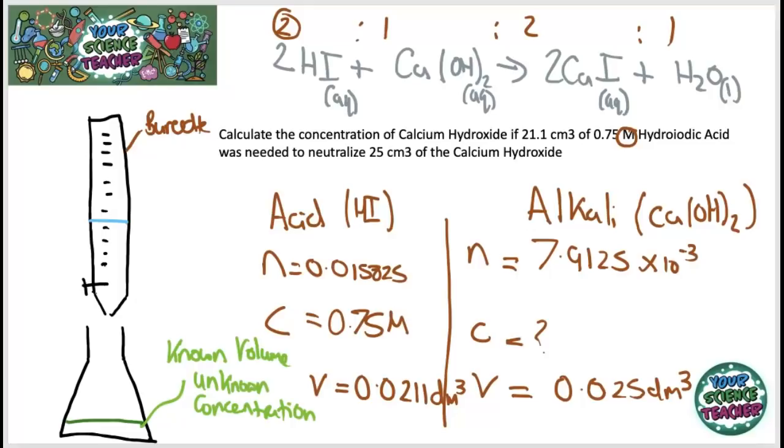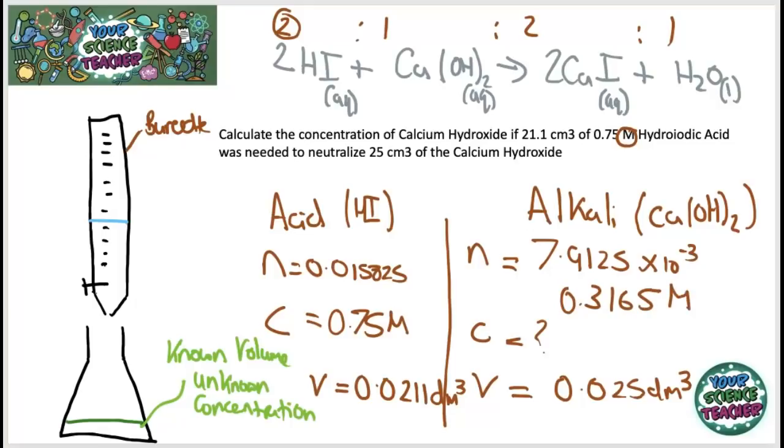Now finally, what I can do is work out my concentration by doing my number of moles divided by my volume. So this 7.9125 times 10 to the minus 3 divided by 0.025. And that gives me an answer of 0.3165, capital M for my units.